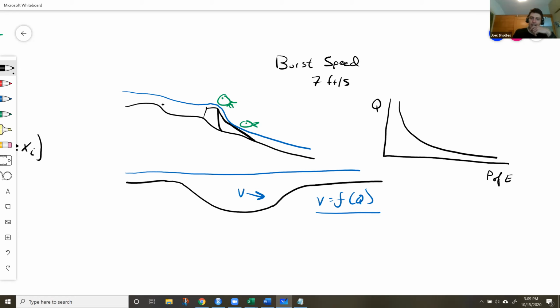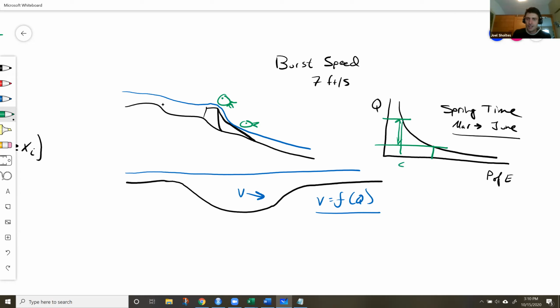Say the fish are migrating upstream during the springtime. So I could do a flow duration curve just for springtime, which could be March to June, right? So I take all the flow data from March to June and make a flow duration curve. Then I know that my fish can only swim when the discharge is in this range.